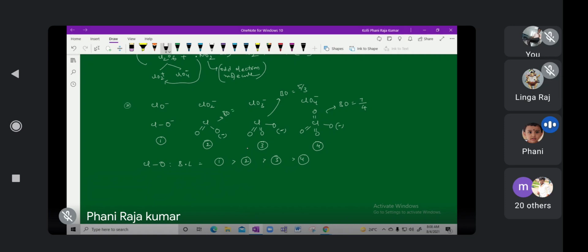Here bond order is equal to 3 by 2. Here bond order is equal to single bond. So more is the bond order, automatically less is the bond length. So 1 greater than 2 greater than 3 greater than 4 is the correct order of bond length values.